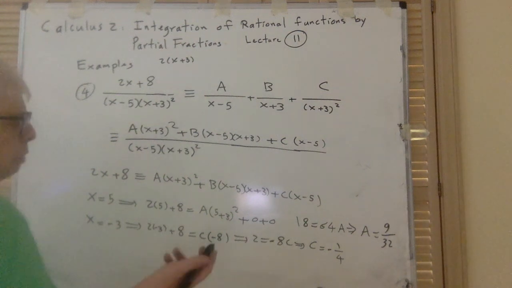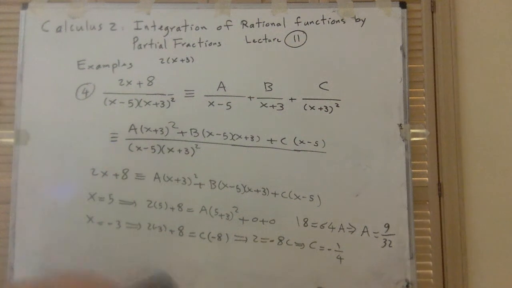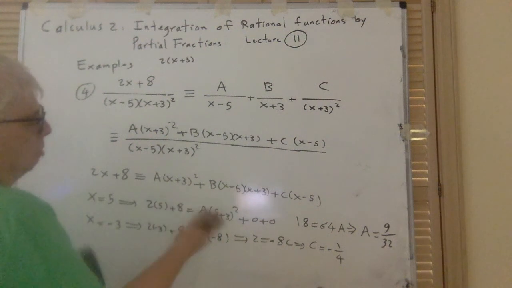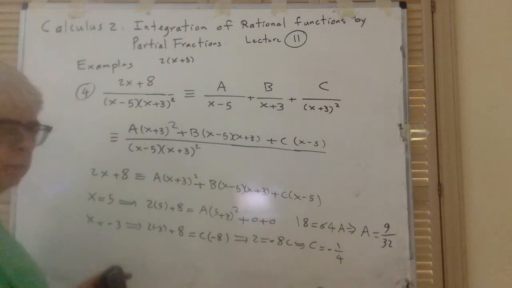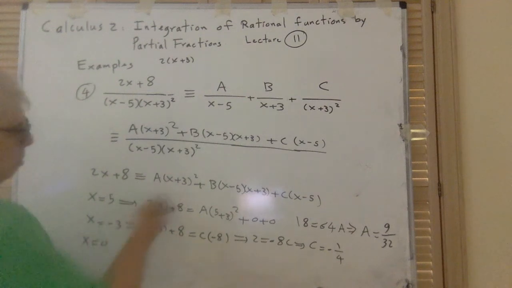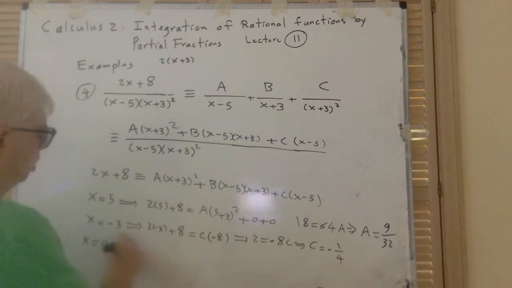Now I have found A and C, so how can I find B, the middle one? Well, there's no other root left here. But I can use any x equal to anything. So let's use x equal to 0. So 0 will give me, on this side, 8.